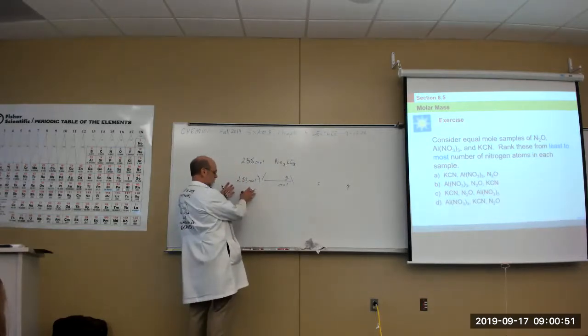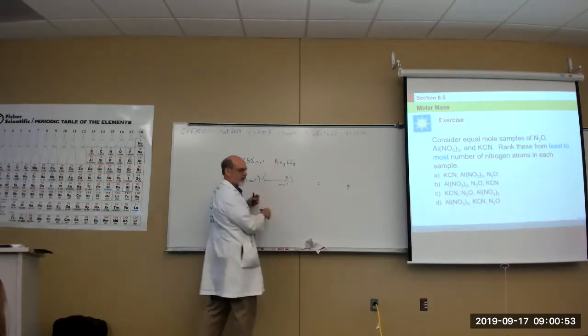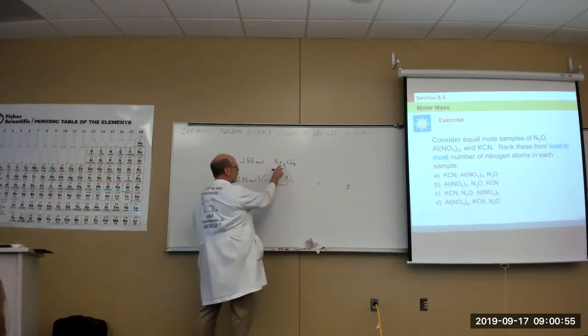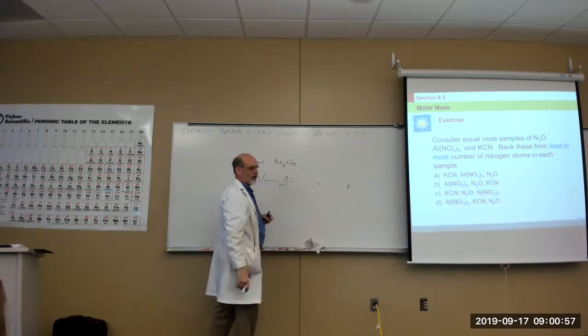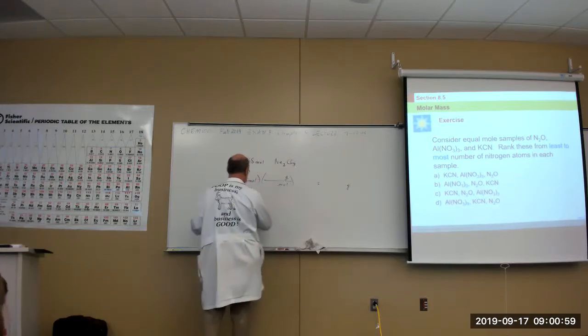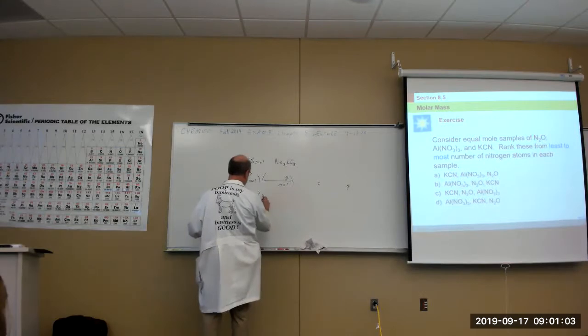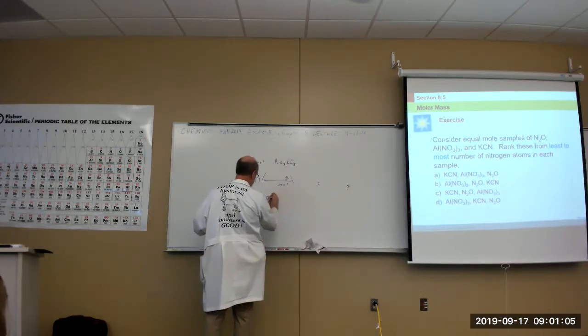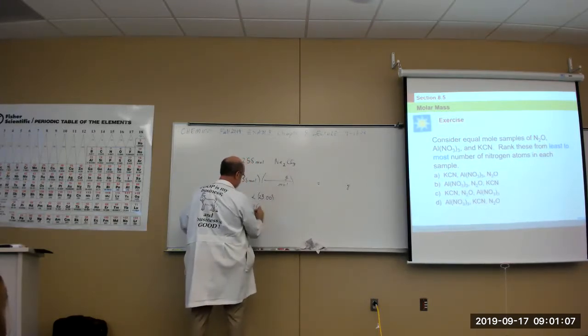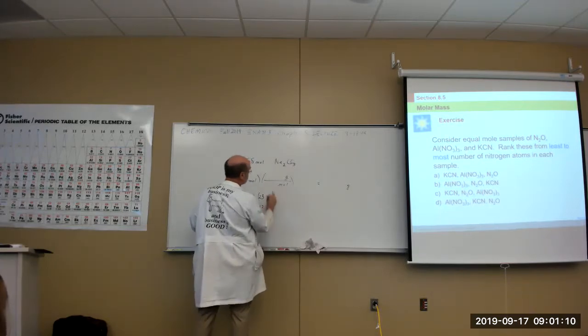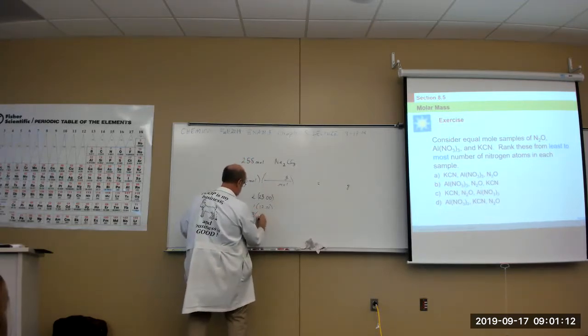But in this case, it's right side up. We just need to know how much sodium carbonate weighs per mole. So we need 2 sodiums, 23.00, and then carbon is 12.01, and then 3 oxygens.